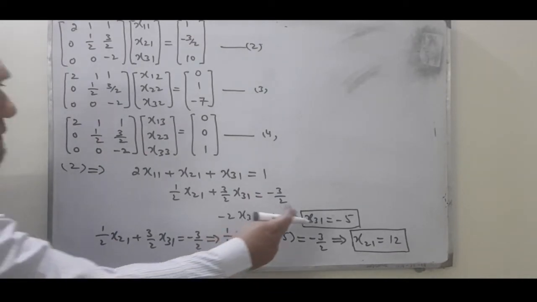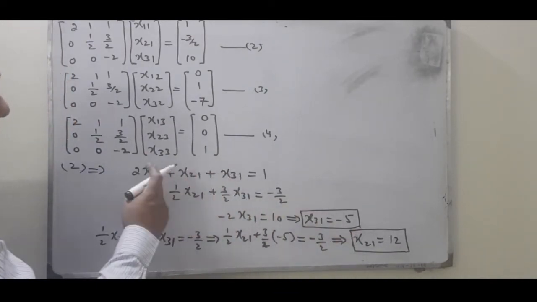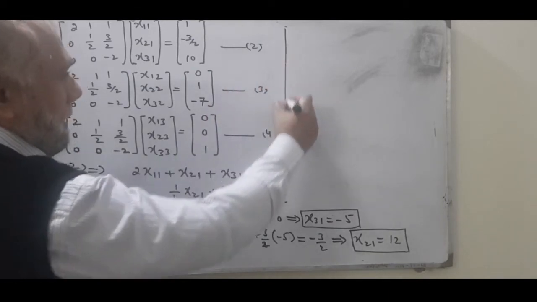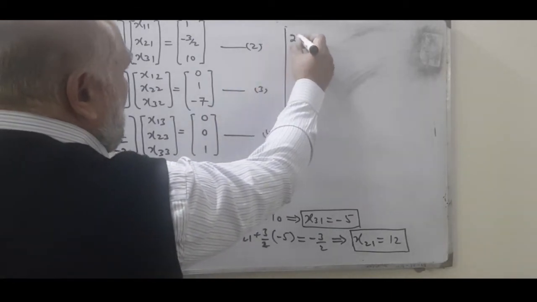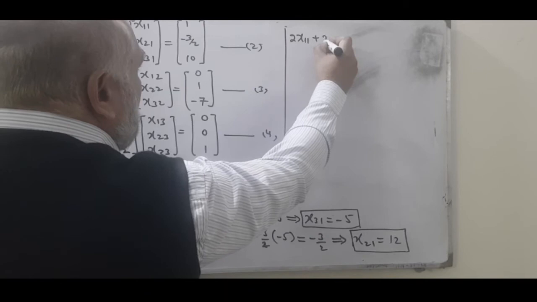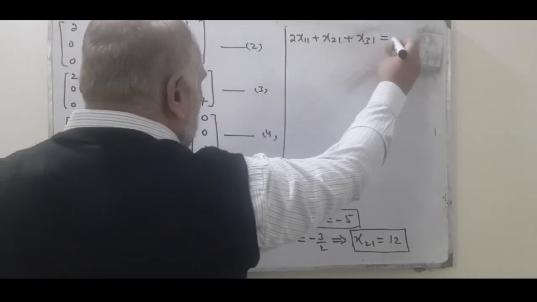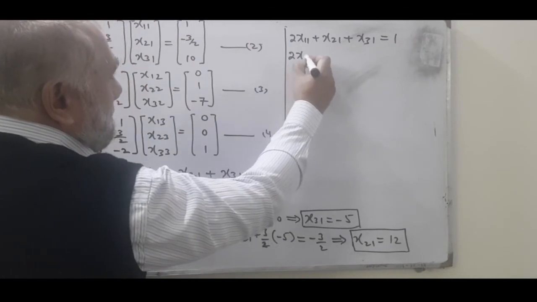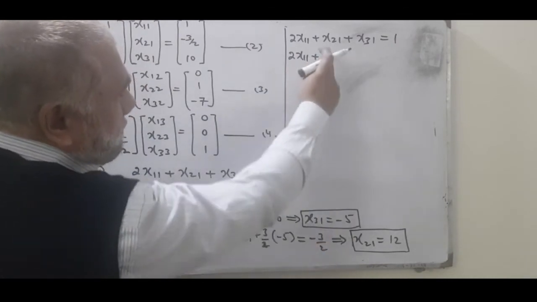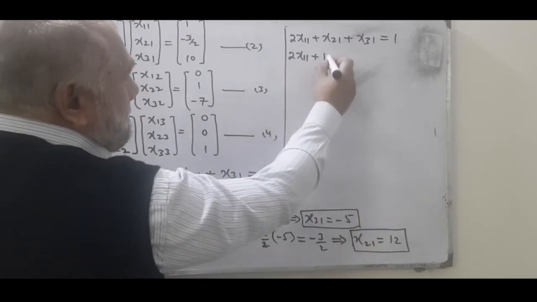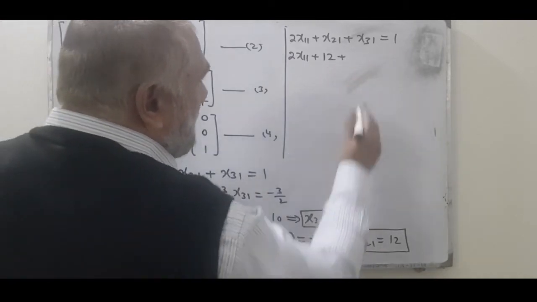And after finding these two, we can substitute them into this first equation. So this gives you 2x11 plus x21 plus x31 equals to 1. 2x11 plus x21, x21 is 12, plus x31 is minus 5.